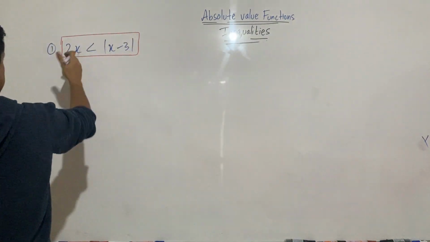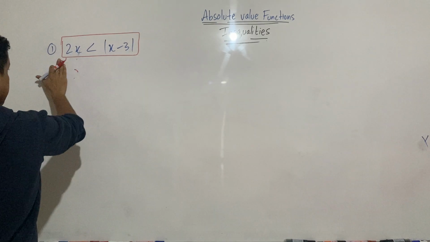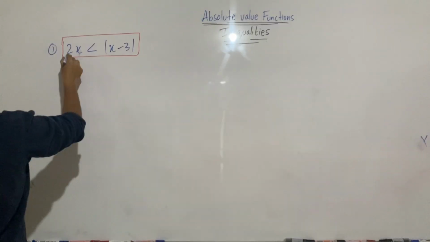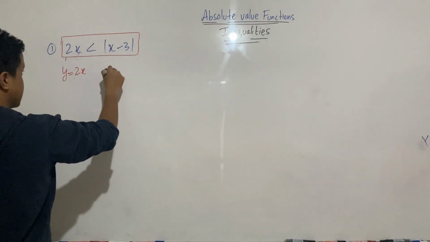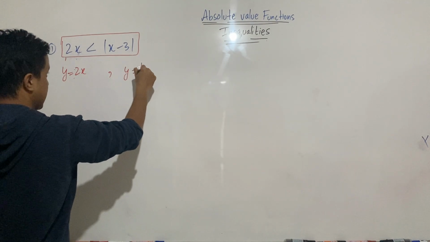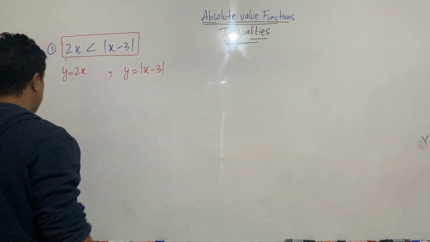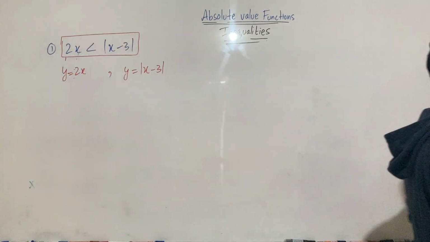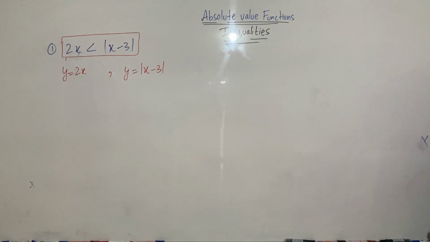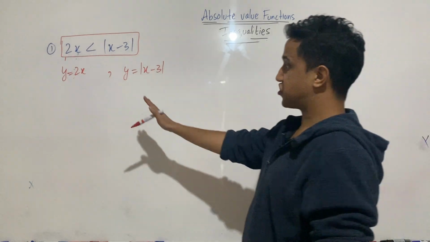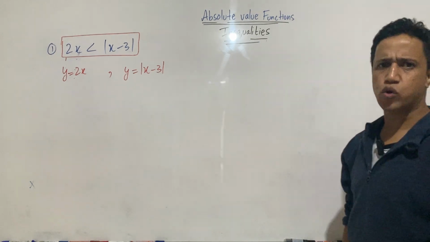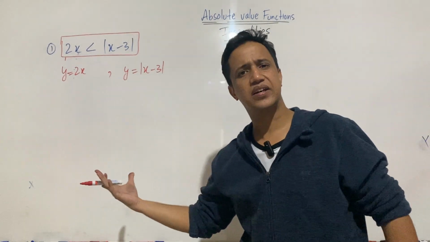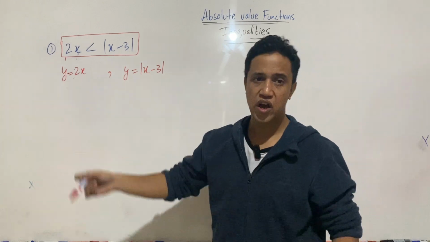This side is going to be this function, and this side is going to be the absolute value function |x minus 3|, right? The function on this side, y equals 2x, represents a straight line that passes through the origin.